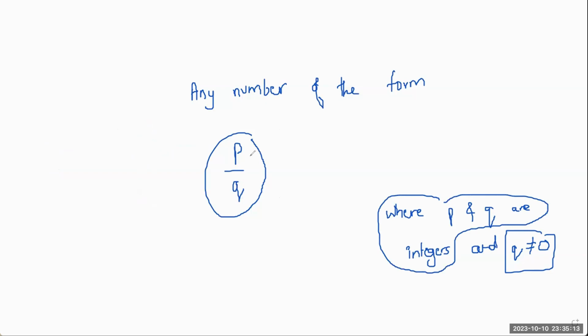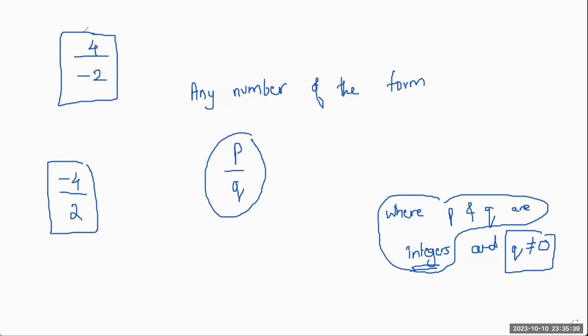Let's say P is -4 and Q is 2. This is a rational number. Let's say P is 4 and Q is -2. This is again a rational number.